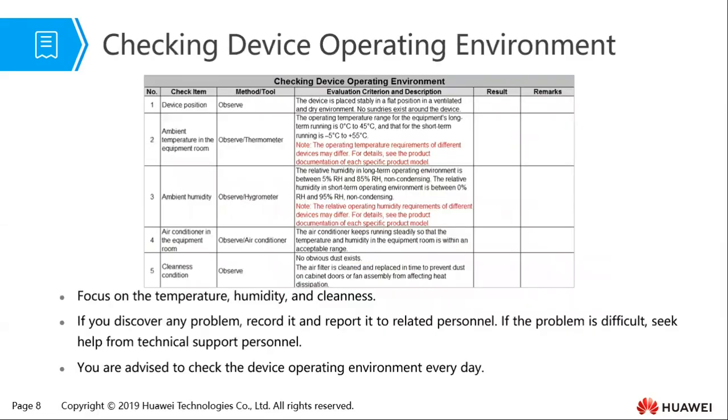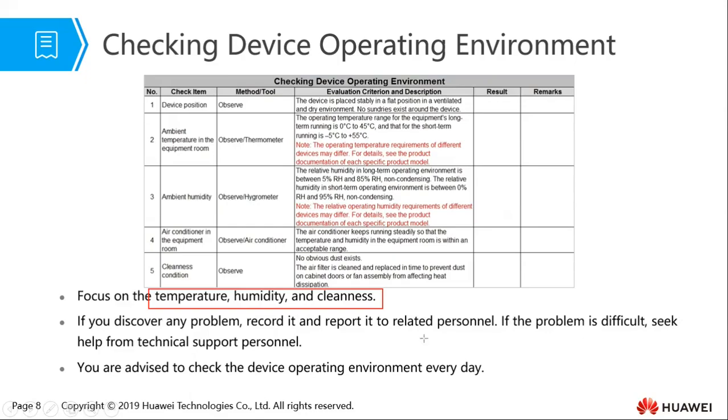So let's move on. Look at the template for checking the operation environment. Here we focus on things like temperature, humidity, and cleanliness. If you discover any problem, you record it and report it to the related personnel.